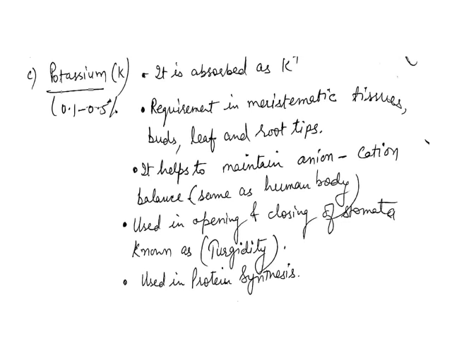As in a human body there is also an electrolyte or charge balance, the same function is there in the plant. It also maintains the anion to cation balance. Another important role of potassium is that it is used in opening and closing of stomata, which is also called turgidity.